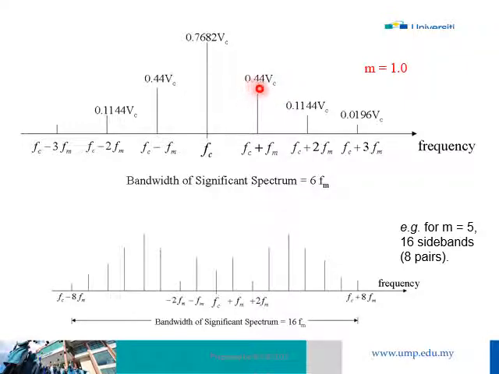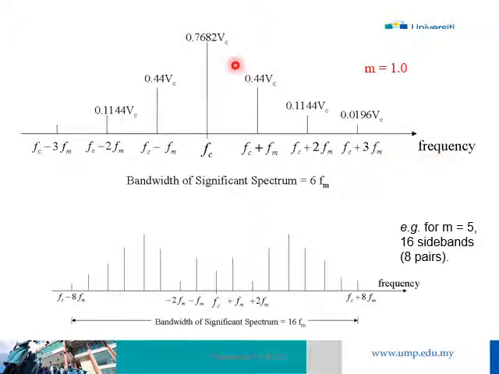So we get the real amplitude of the first sideband. The second sideband is 0.1144 multiplied by Vc. The carrier is at Fc, and the first sideband is Fc plus Fm and Fc minus Fm, and the second sideband is Fc plus 2 Fm and Fc minus 2 Fm, and so forth.